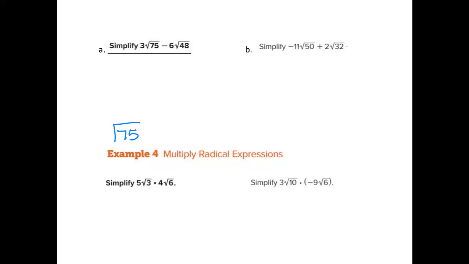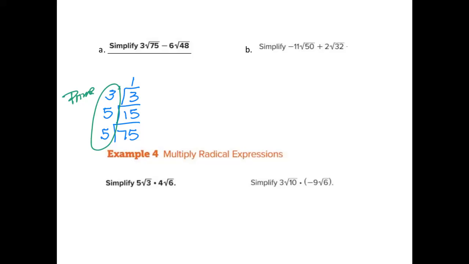75 ends in a 5, so it's divisible by 5. 75 divided by 5 is 15. 15 ends in a 5, so it's divisible by 5, and that gives me 3. 3 is divisible by 3, and that gives me 1. So these are my prime factorization for 75.